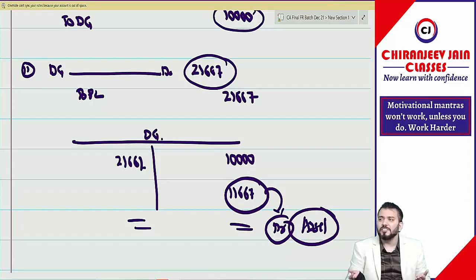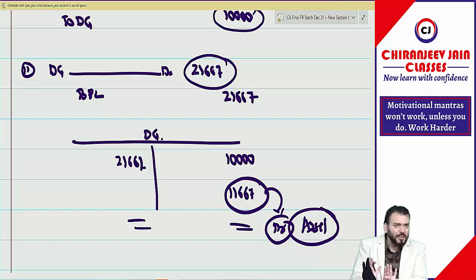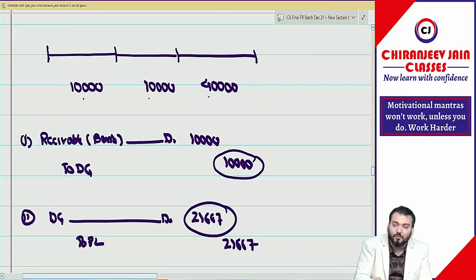Correct now. It is just like prepaid expenses you have done. So this will be an asset. What is wrong in this? Normally, practically, this type of situation will not arise, therefore they have not created a question of that nature. But if you suppose so, it can be possible. Suppose it is 10,000, 10,000, 40,000, and they need to maintain the job for 3 years, so they incur the expenses over the 3 years.